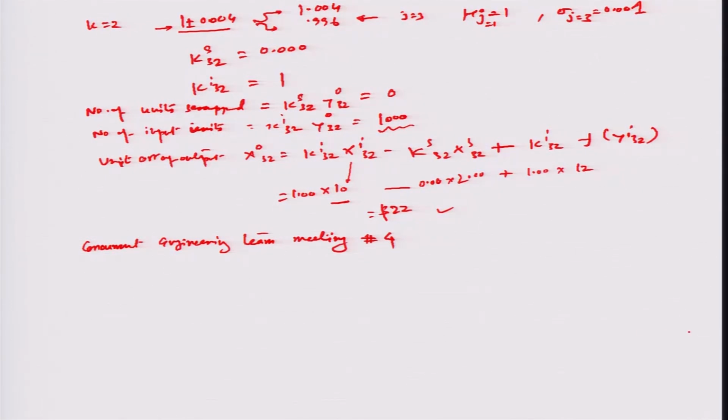And so, we consider afresh for the tolerance specification one plus minus 0.004 inches, the economies of scale.